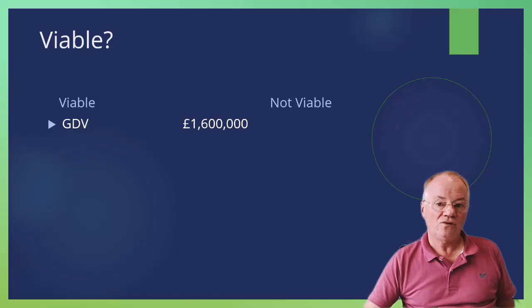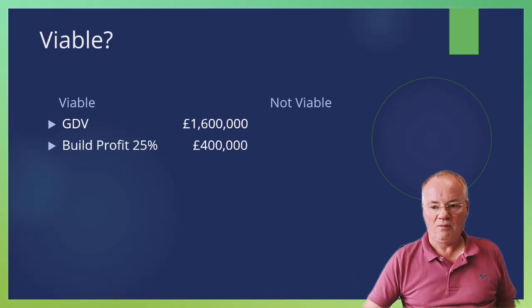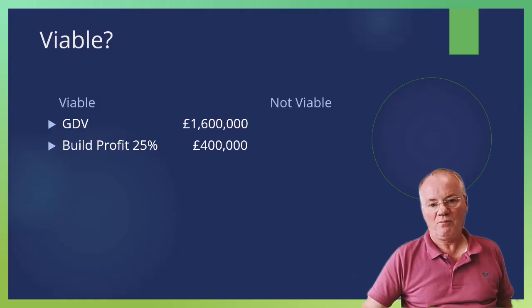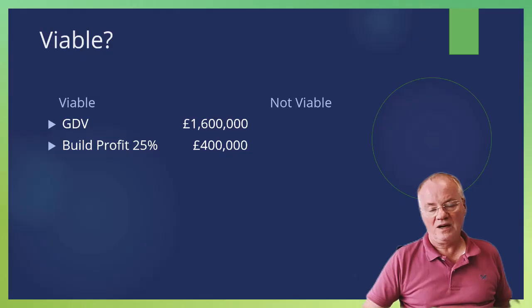And so the first thing that we do as developers is establish what those houses are going to sell for. So we're going to assume here we've got 4 houses, combined value is 1.6 million, and therefore our build profit, which should be at least 25% of gross development value, and we can actually go in, not in this video, but in terms of how we extract a much higher figure than that. However, for the sake of this example, what we would call our build profit, we would want to have 25% of gross development value, which would be 400,000.